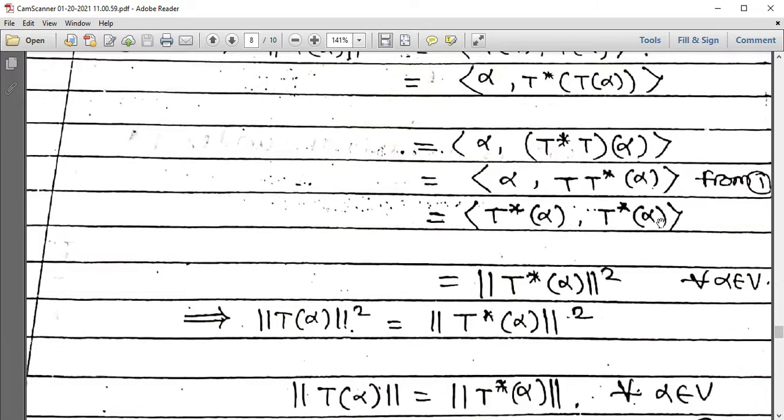Okay, but T star of T is nothing but T into T star. Hence, we get the inner product of alpha and T into T star of alpha from equation number 1.